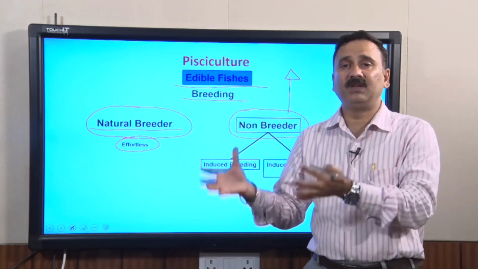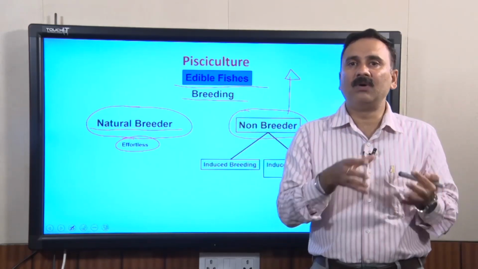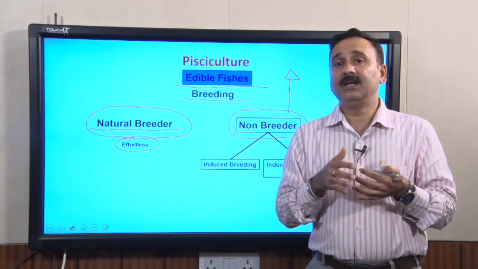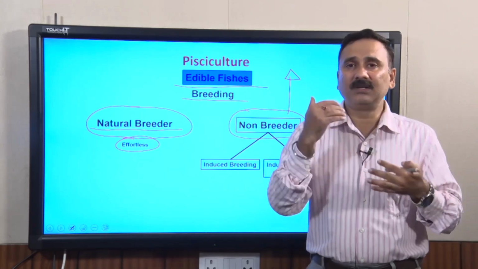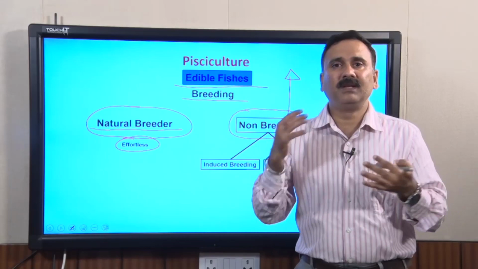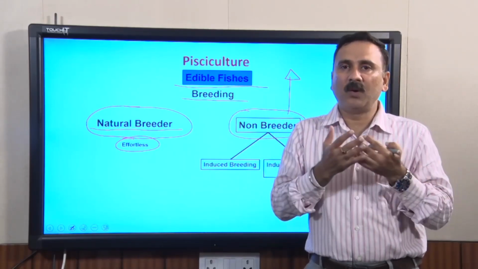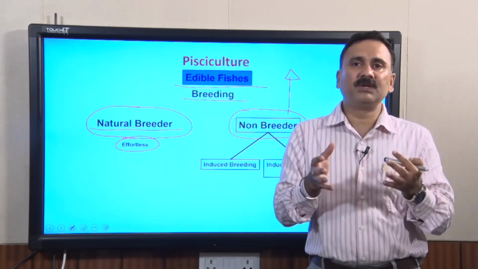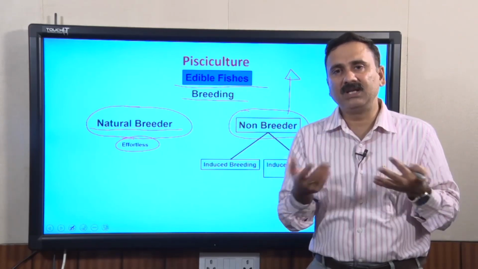But once you keep these fishes in a pond, an aquarium, or smaller artificial water reservoirs, they do not breed, because that disturbs their hormonal cycles, or there could be many other reasons. You still have the male and female, but they will not breed because you have changed the water environment and many other things.